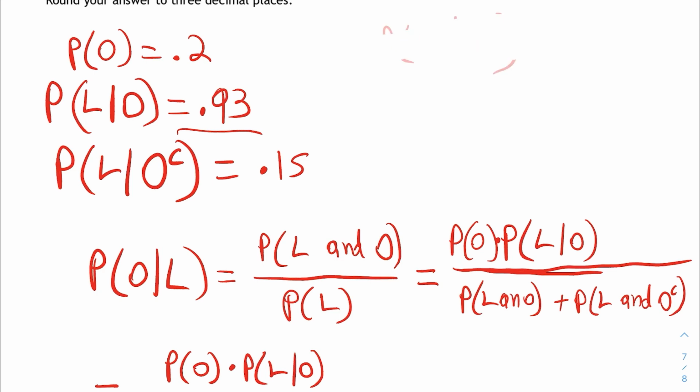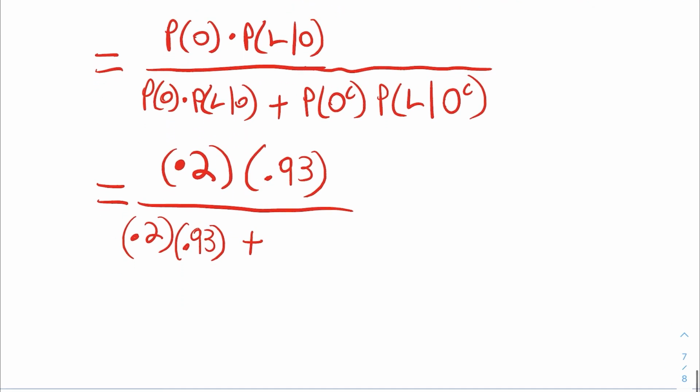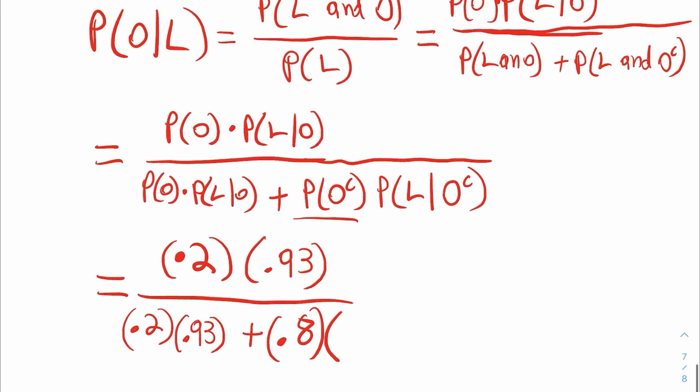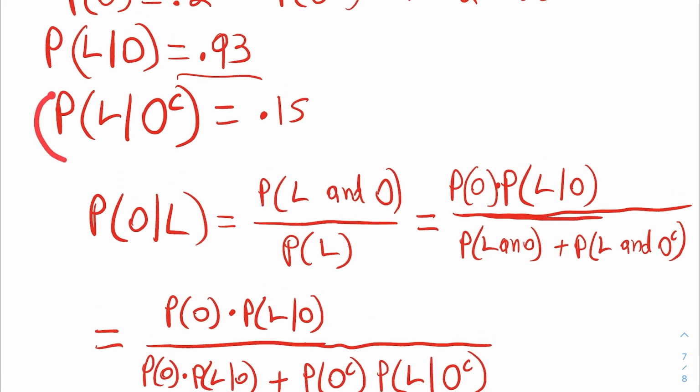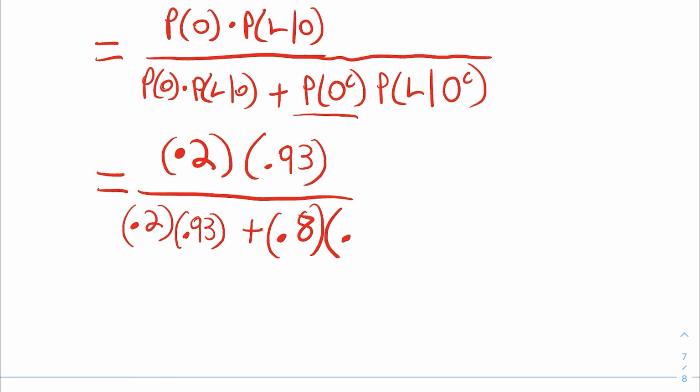We don't have that, but being on time and being late are complements of each other, so 1 minus 0.2 gives 0.8. That's an 80% chance that the flight doesn't leave on time. I multiply that by the probability of her having her luggage given that her flight was delayed, which is 0.15. So I had everything I needed except I had to find a complement.